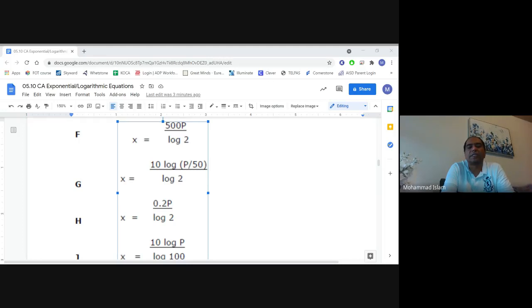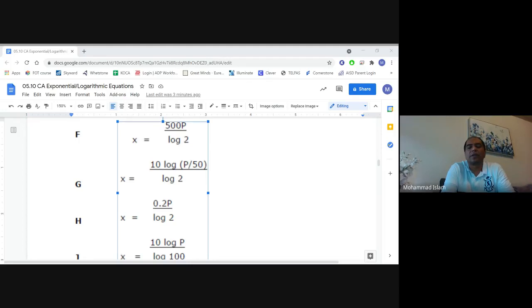It doesn't go inside because we are just multiplying with 10. So this 10 cancels out. And the second thing we do is we also want to get rid of this log 2 from here. So we divide by log of 2, and we do the same thing on both sides.